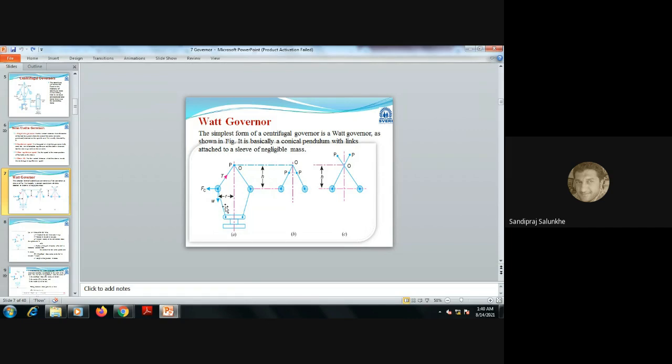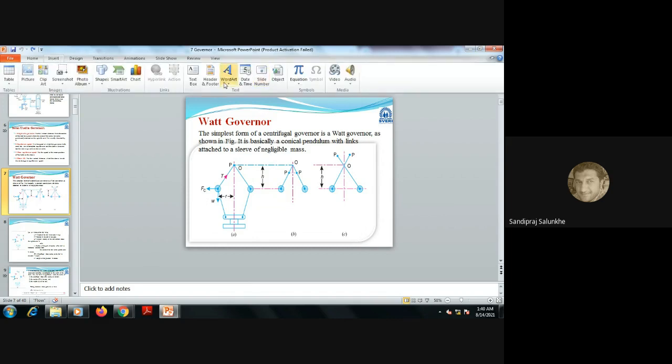Now consider that R is the radius of rotation, F suffix C is the centrifugal force, W is nothing but the weight which is acting in downward direction of that fly ball, and T is the tension which has generated in upper sleeve. I will take half part of this governor.